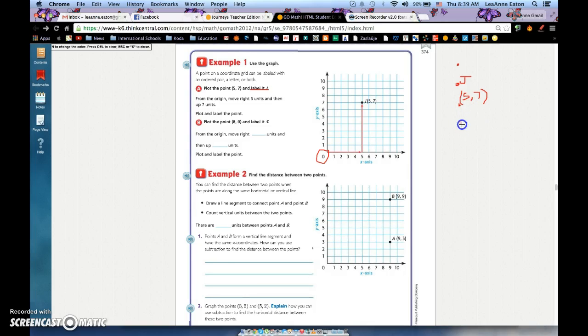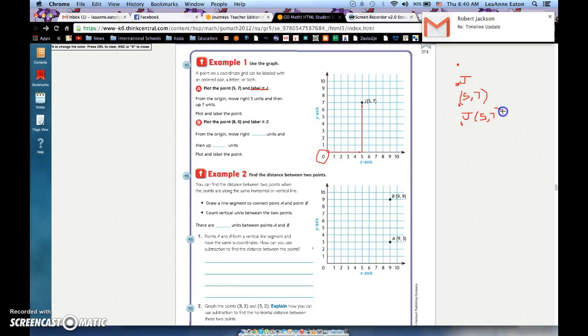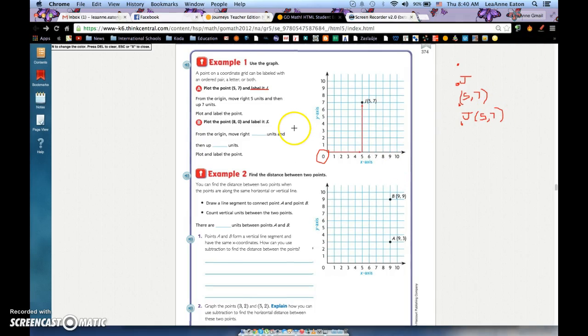Or you can have a dot, a J, and the (5, 7). All of these are correct, but you want to pay attention to the directions to see what it is that they specifically want you to do.